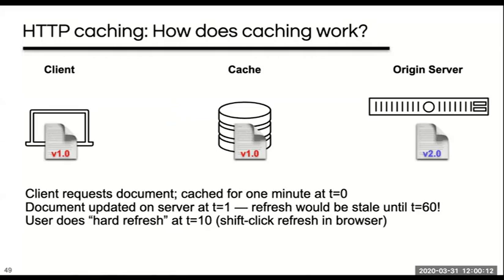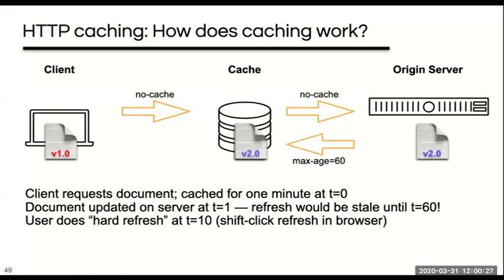And so basically, if you did this at, say, t equals 10 when the cache is still stale, it's going to send the request with the no cache header. It's going to get to the cache, and the cache is going to skip it, even though it's got it cached, and send it straight to the server. The server is going to send it back, and it's going to end up getting the new version at the cache and at the client.